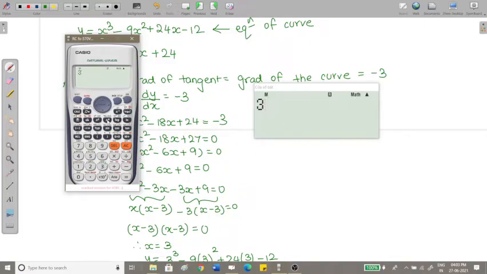So 3 to the power of 3 minus 9 into 3 square, plus 24 times 3 minus 12, and that comes to 6.